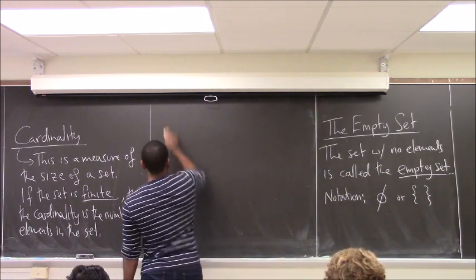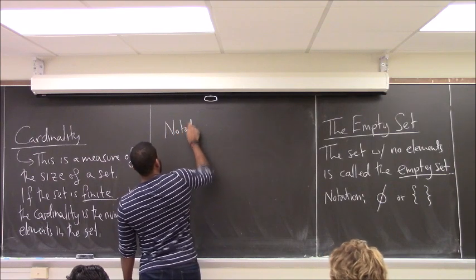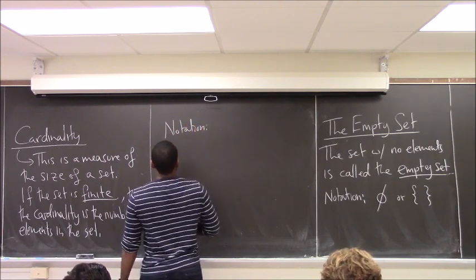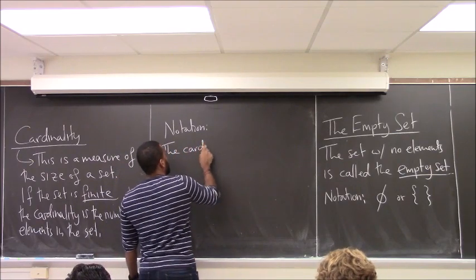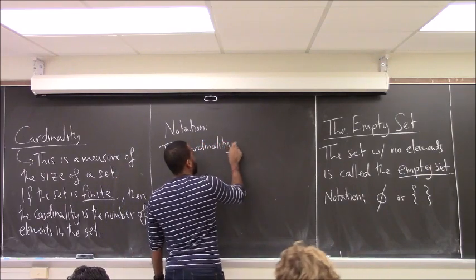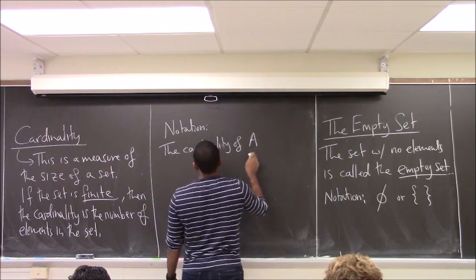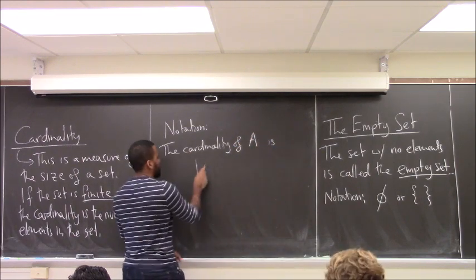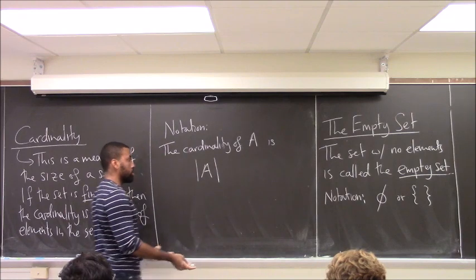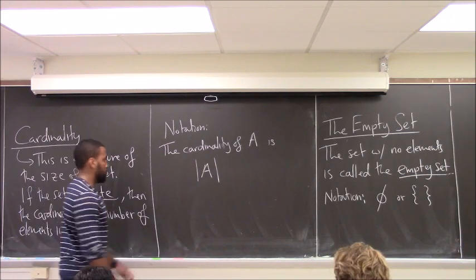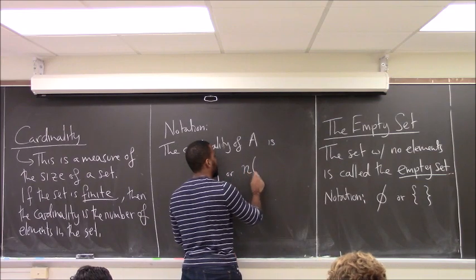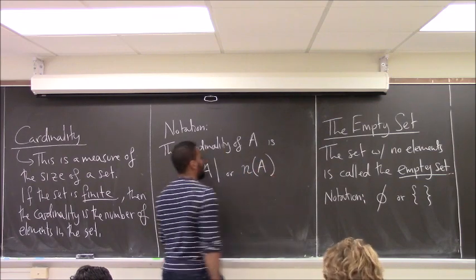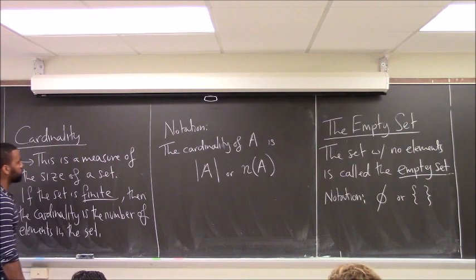So, the notation for this: the cardinality of the set A, write A in absolute values. Or you can write something like N of A, which is also very common.